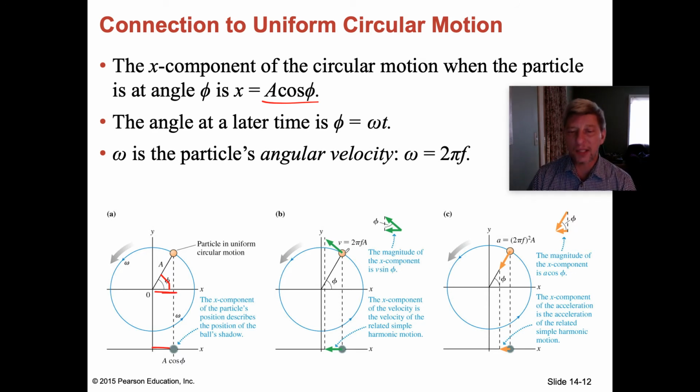Now, the velocity, because we're moving tangentially, is 2 pi times the frequency times the amplitude, and the acceleration is going to be (2 pi f) squared times the amplitude, based on the equations that we saw earlier, and the knowledge that theta is going to equal omega times t, the angular velocity times t, and the angular velocity, of course, is 2 pi times the frequency.